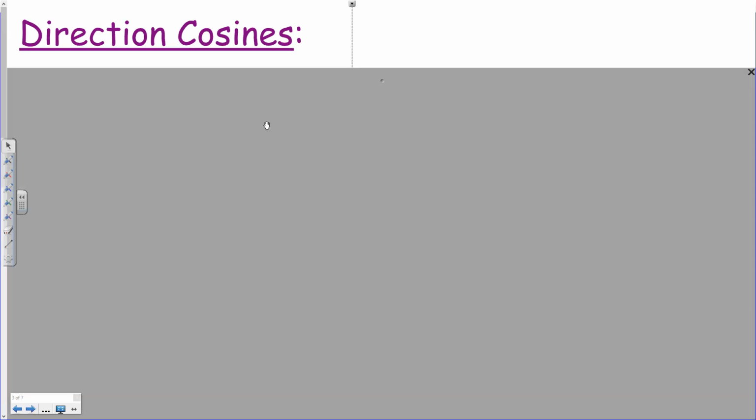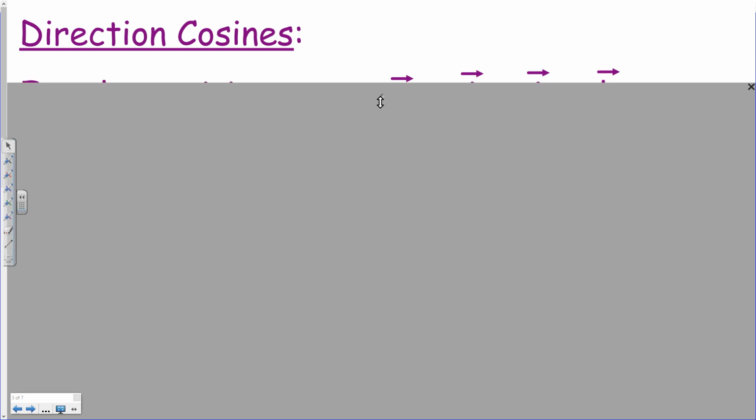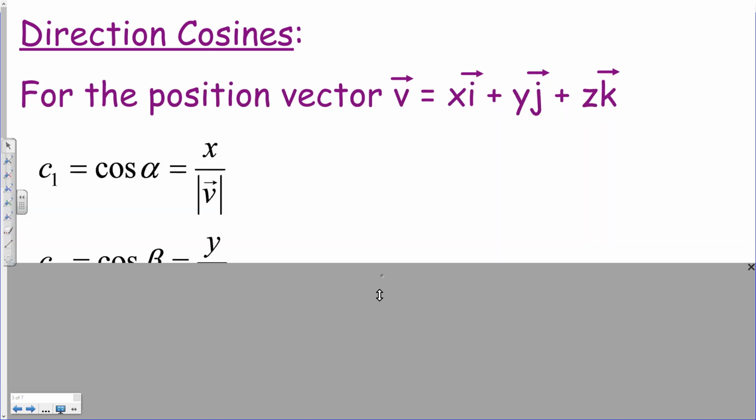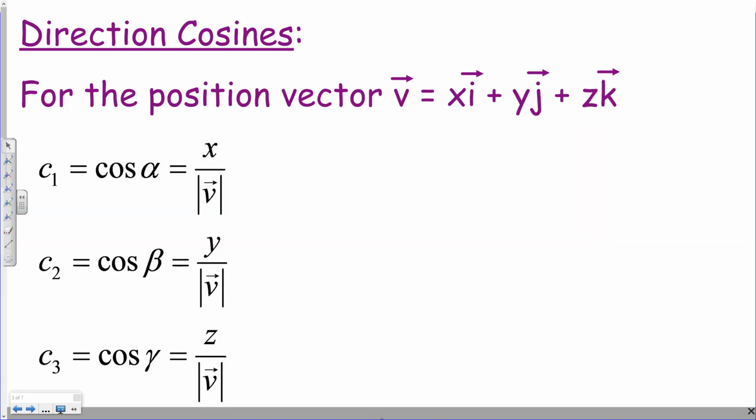All right, the other half to this story is the direction cosines. If you think of the formula that we just looked at on the previous slide, that probably is a dead giveaway as to what we are going to be talking about. It's just another way to rewrite the quantities that we had on the previous slide, but instead of finding what the angle is, you find what the cosine of the angle is.